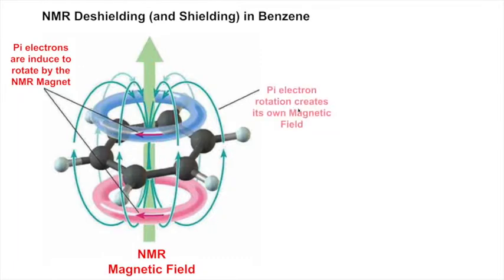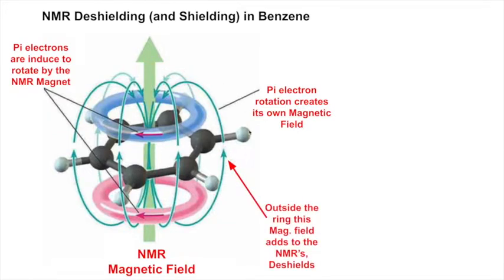It's interesting, huh? So the pi electron rotation creates its own magnetic field. So now this hydrogen is influenced by the NMR's magnetic field, its hydrogen atom electrons shielding, and also these pi electrons creating a magnetic field. And here on the outside of the ring, the magnetic field from the pi bonding is actually adding to the magnetic field of the NMR.